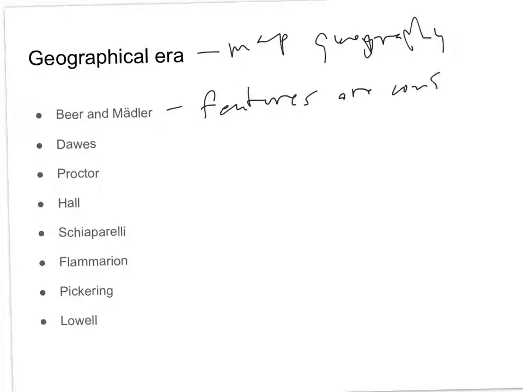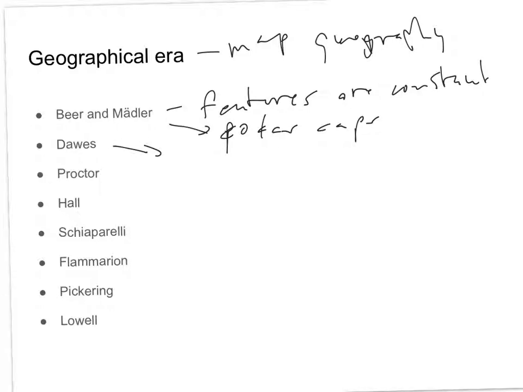There's a big debate about whether what people were looking at on Mars in the telescope were just patterns of clouds, or whether they were actually able to see surface features. The extended observations of Beer and Madler really focused in on that. Their work on the polar caps, showing that the southern polar cap was more variable than the northern polar cap, started fleshing out our notion about what Mars is like as a world.